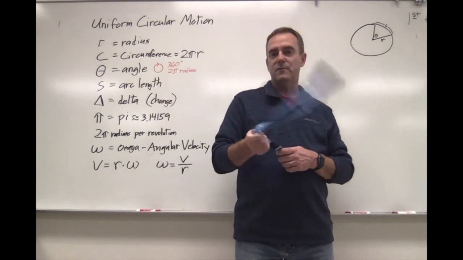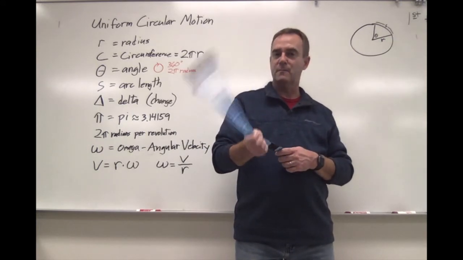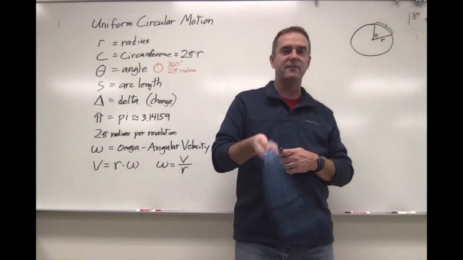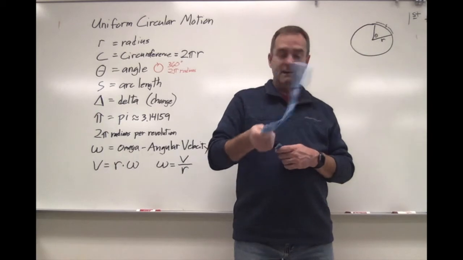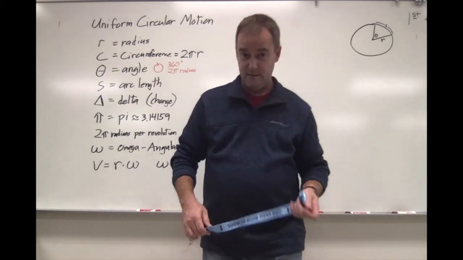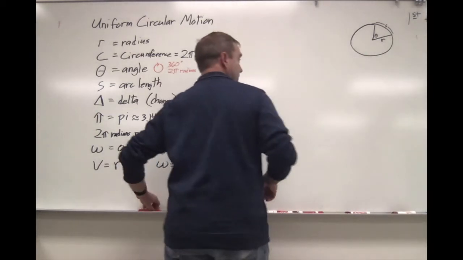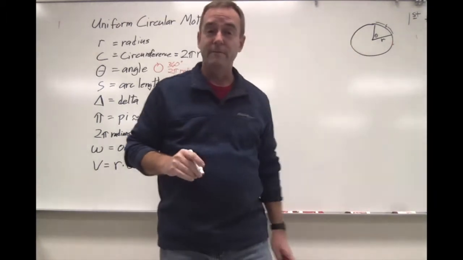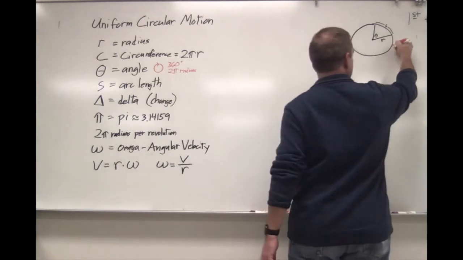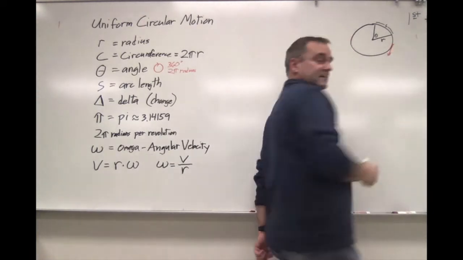Now you might say, wait a minute, Mr. Gear, you're spinning that at a pretty constant speed. It's going around and around and around, and it's not changing how fast it's going. But I am changing its velocity. Let me see if I can explain that here. At this moment in time, let's say the moment that it just flew off of the string, this thing wanted to be going straight.